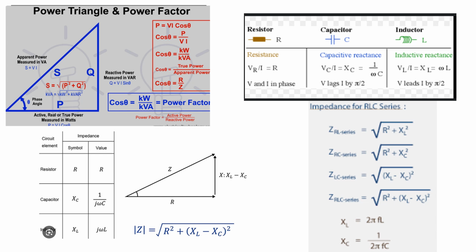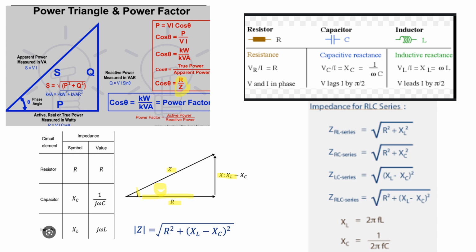Z is the impedance, R is the resistance, and X is the reactance. So in an RLC circuit, if this angle is represented by θ, then cos θ is equal to R by Z.